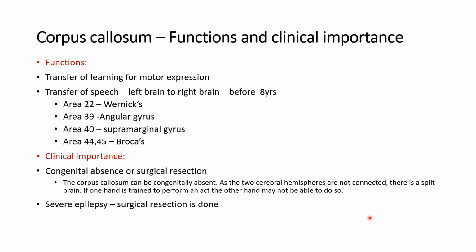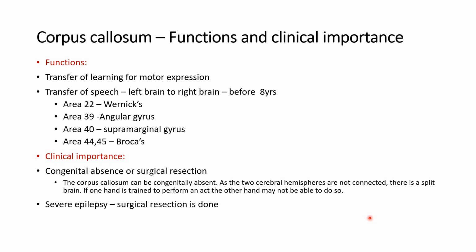If you are able to do an exercise or a maneuver with your right hand with your eyes closed, you will be able to repeat the same with the left hand, though you have not observed what your right hand has done because your eyes are closed.